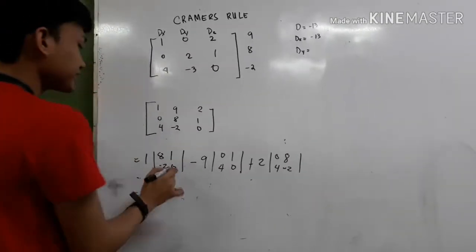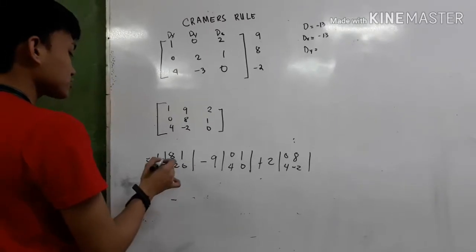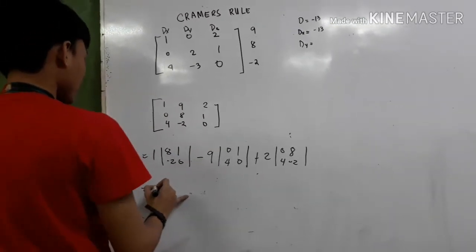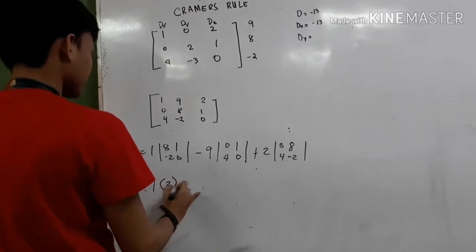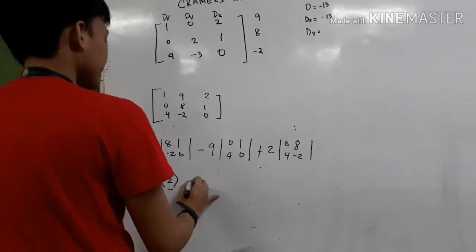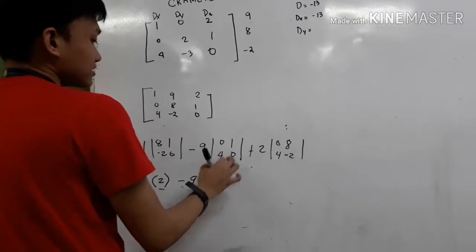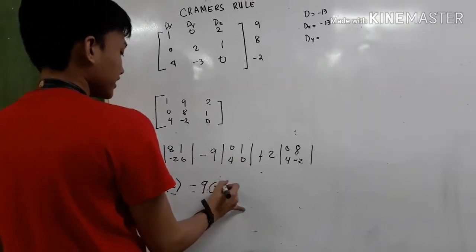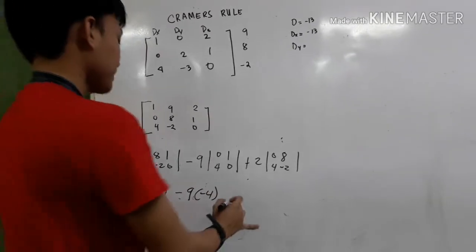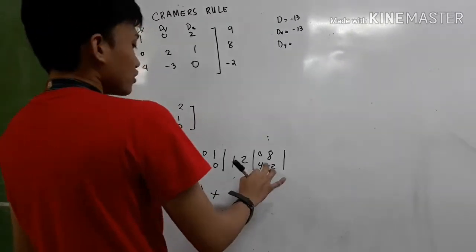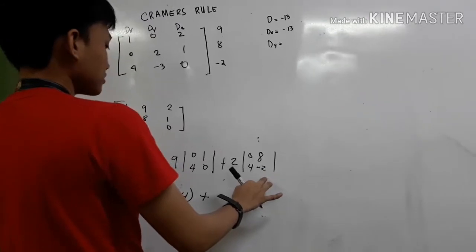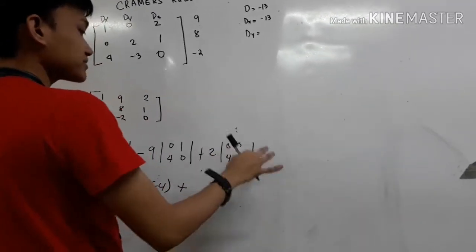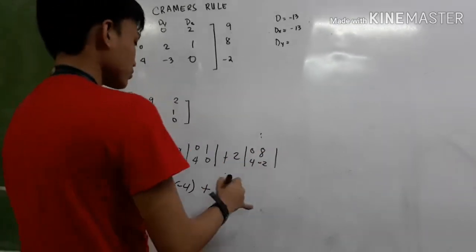Equals 8 times 0 is 0, minus negative 2 times 1 is equal to positive 2. 1 times positive 2. Then 9, 0 times 0 is 0, minus 4 times 1 is equal to negative 4. Plus 0 times negative 2 is equal to 0, minus 4 times 8 is equal to 32.